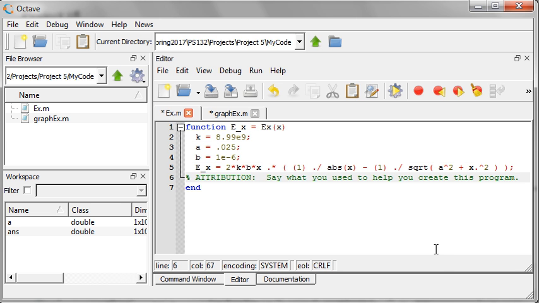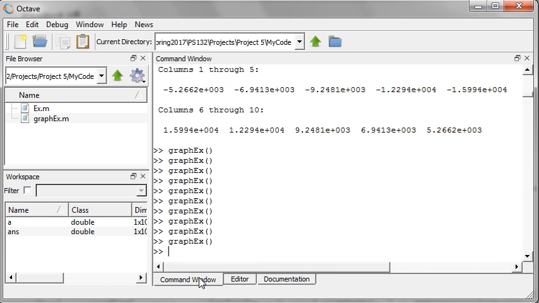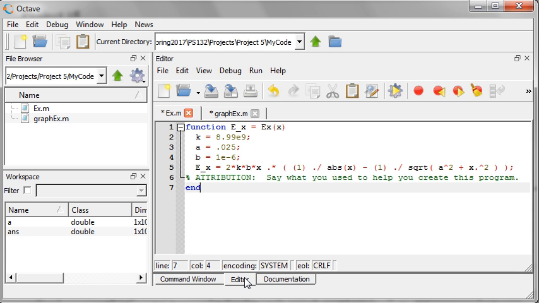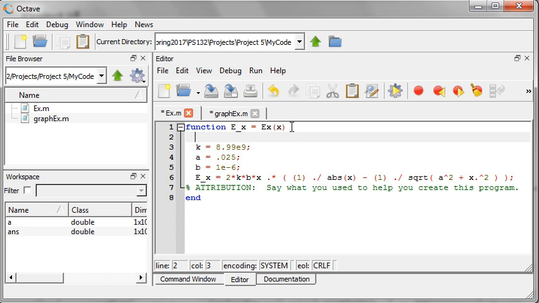Control V. So we've got that there. All this other stuff needs to be in there. For you, this is a different one, so percent. Say what the x does.